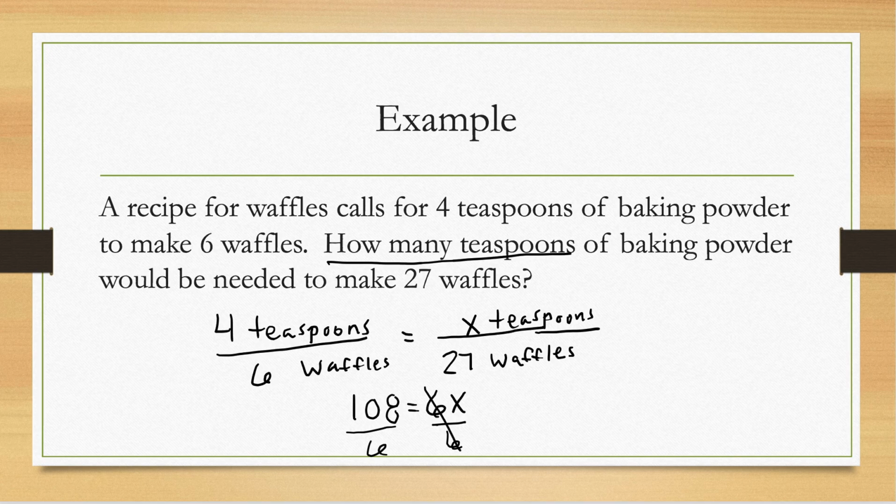The 6's will cancel, and we're going to be left with 18 is equal to x. And so we will need 18 teaspoons of baking powder to make 27 waffles.